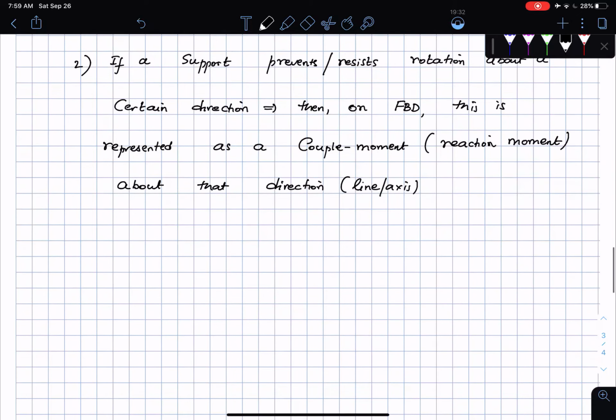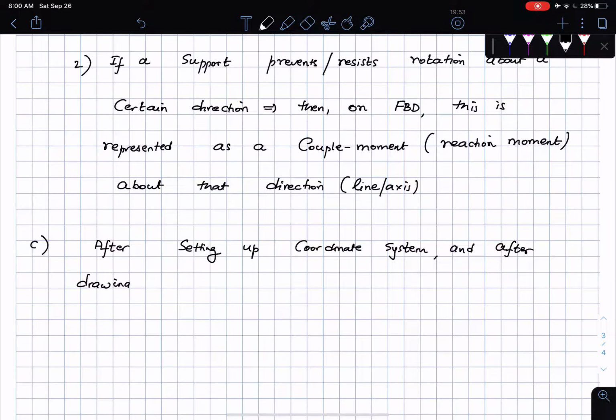Then I go to step c. After setting up the coordinate system and drawing the free body diagram, we use the equations of equilibrium.